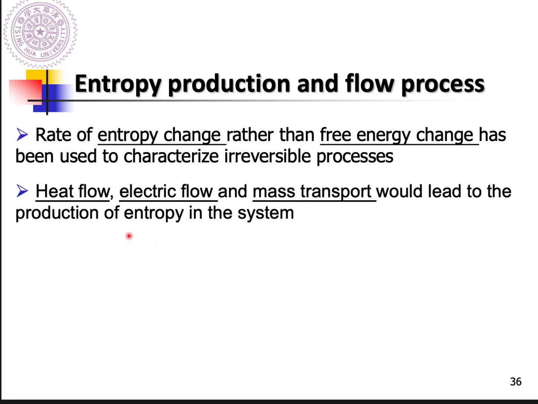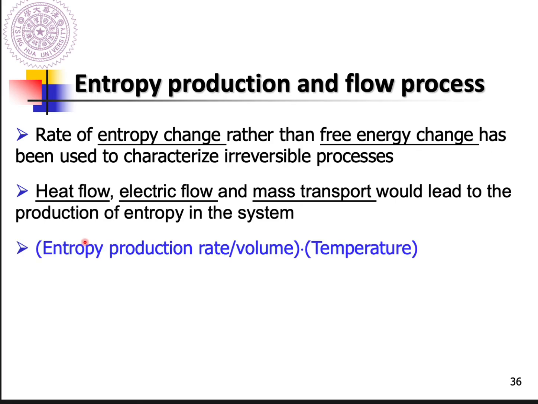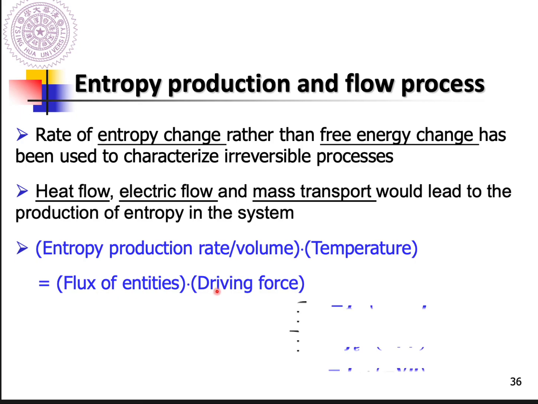We also demonstrated that heat flow, electrical flow, and mass transport all lead to the production of entropy in your systems. So you can use this beautiful equation: the absolute temperature times the entropy production rate per volume equals the flux times the corresponding driving force.